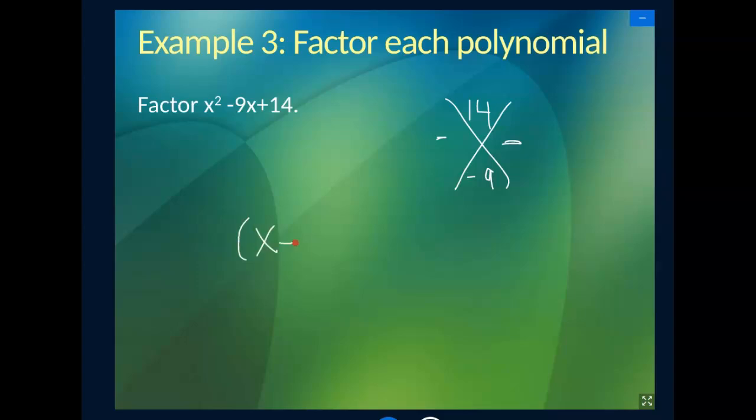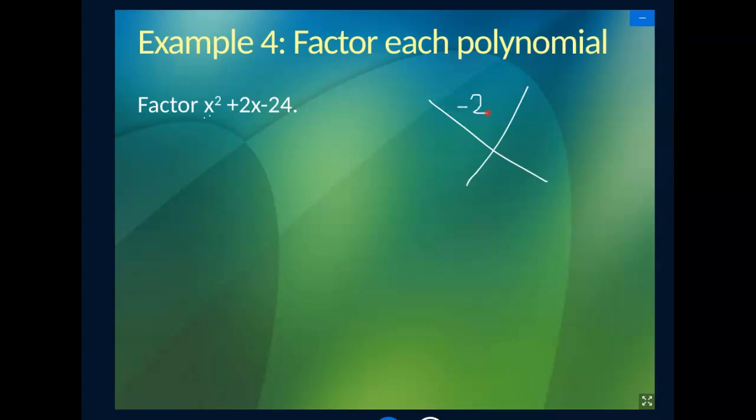So it's x minus 7, x minus 2. Then last easy one. So again, that first term. What I mean by that first term is that x squared, the number on the x squared is a 1.